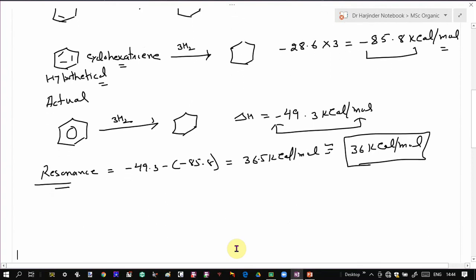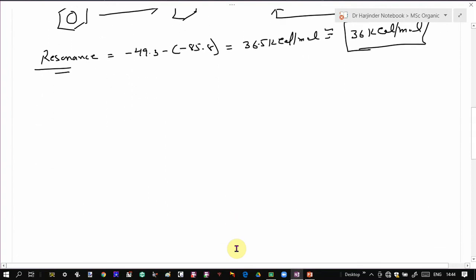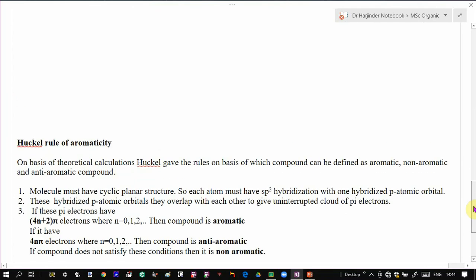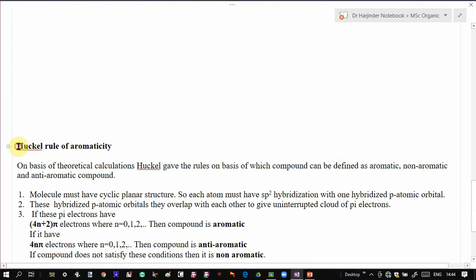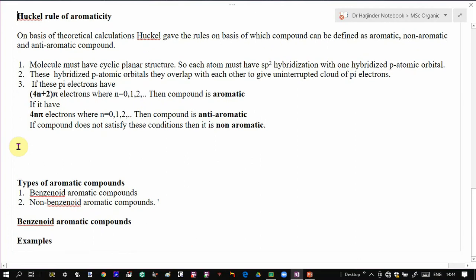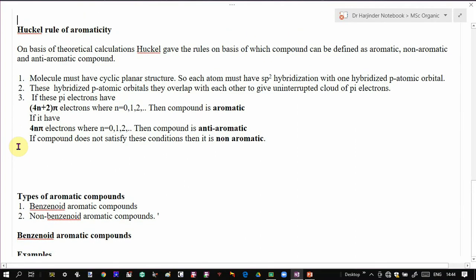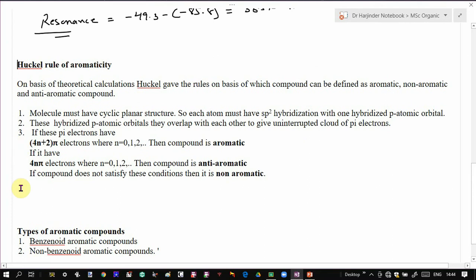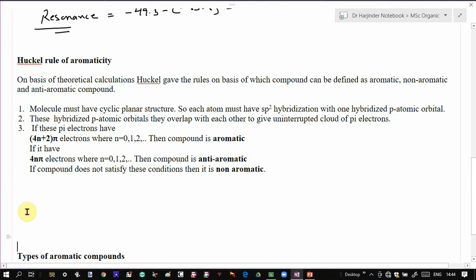Okay. So now let's look at how we define any compound as aromatic, non-aromatic or anti-aromatic compound. Now we can define any compound as aromatic, anti-aromatic or non-aromatic depending upon the set of rules which are given by Huckel.